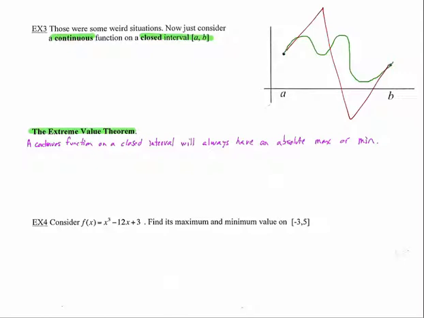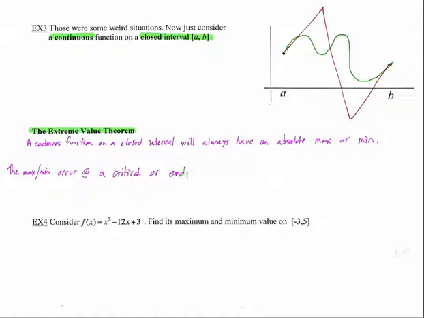And the more important part is that those maximum values will occur at a critical point, or, and this is the important part, or it could be that they happen at an endpoint.